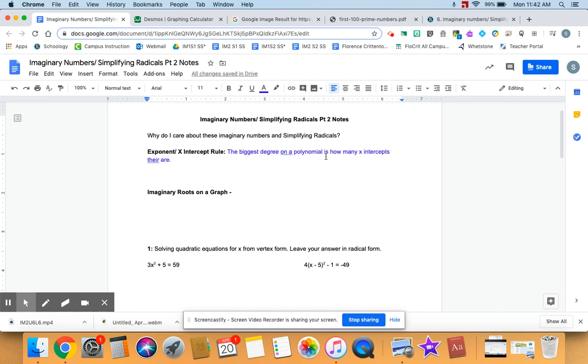So the word degree means exponent. There are. How many x-intercepts there are.